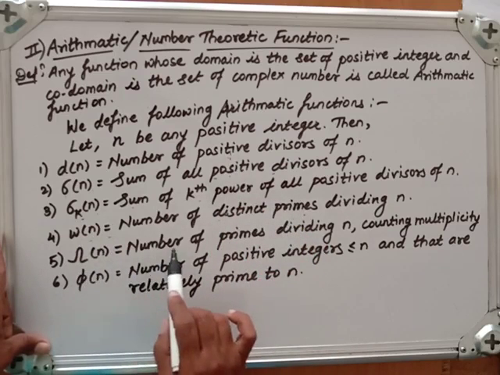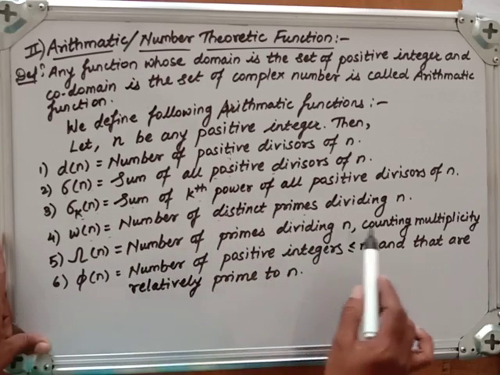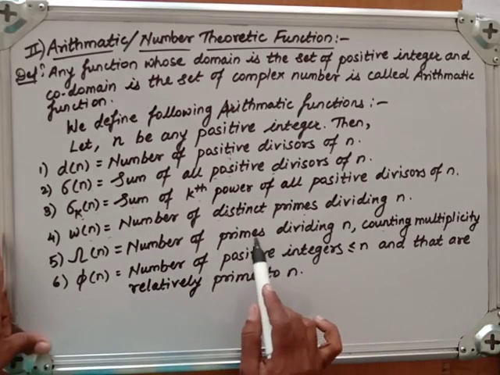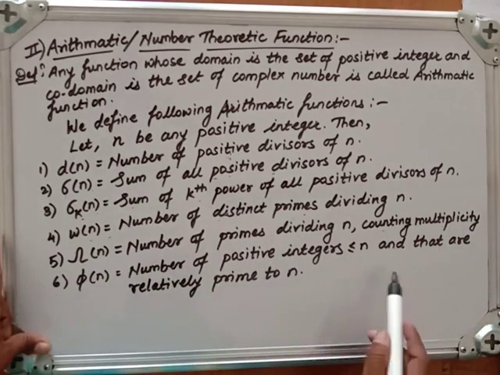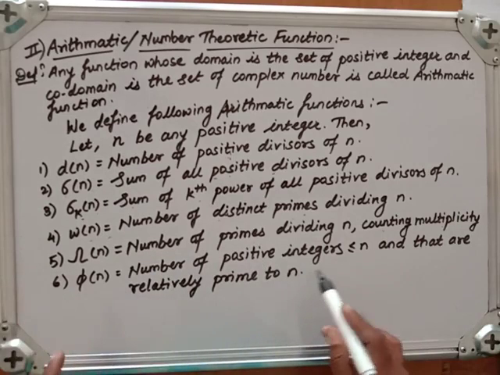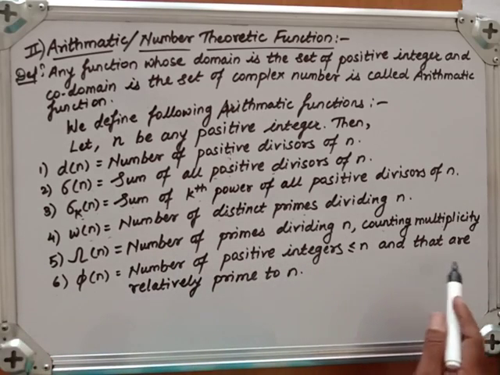Capital omega(n) counts the multiplicity of these primes. Phi(n) is Euler's phi function, the number of positive integers less than or equal to n that are relatively prime to n. Okay, so let's see some examples.